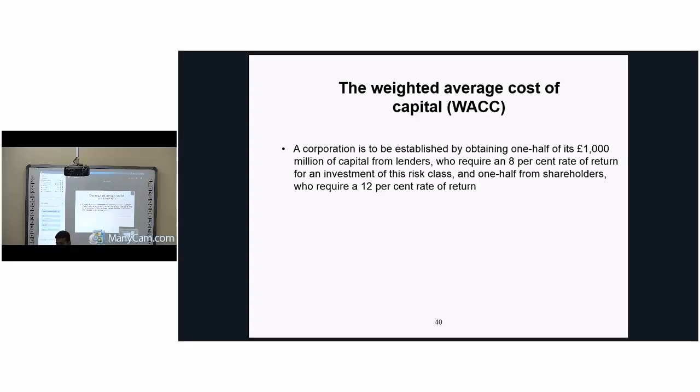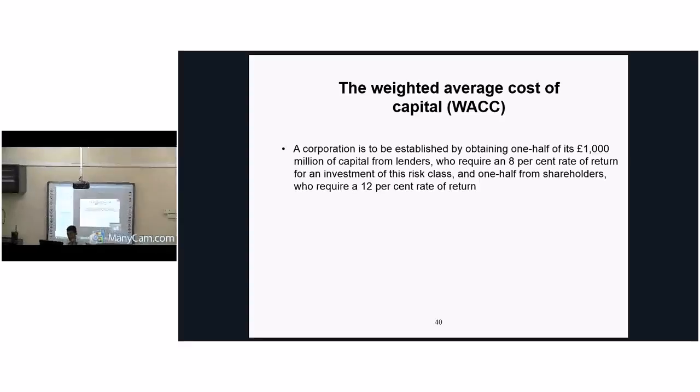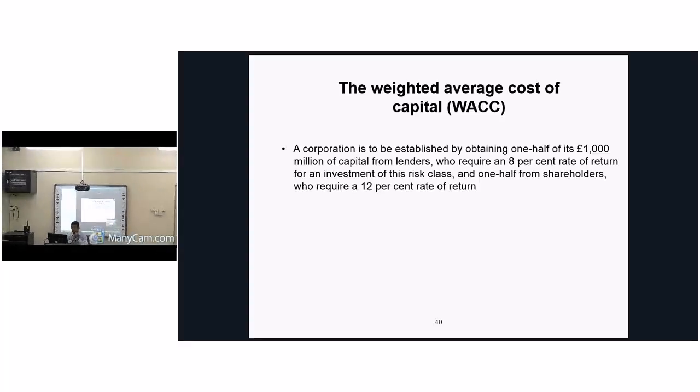So two sources of finance, one is through debt, one is through equity. Cost of equity is given, cost of debt is given. What would be the weighted average cost of capital in this question?